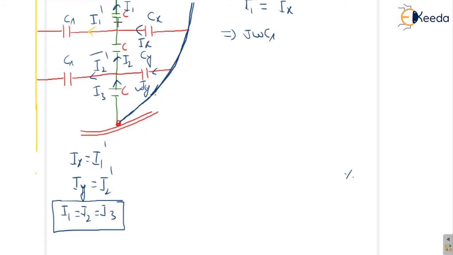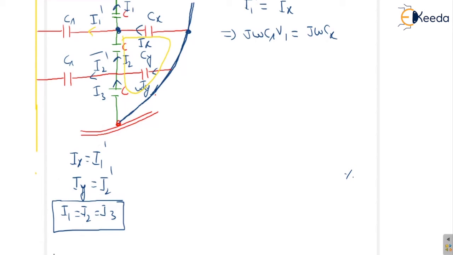This voltage will be V1 basically. V1 is equal to Ix. Ix value will be jωCx, and the voltage drop across this capacitor is like this. I am drawing with the yellow pen like this. We have to complete this loop.